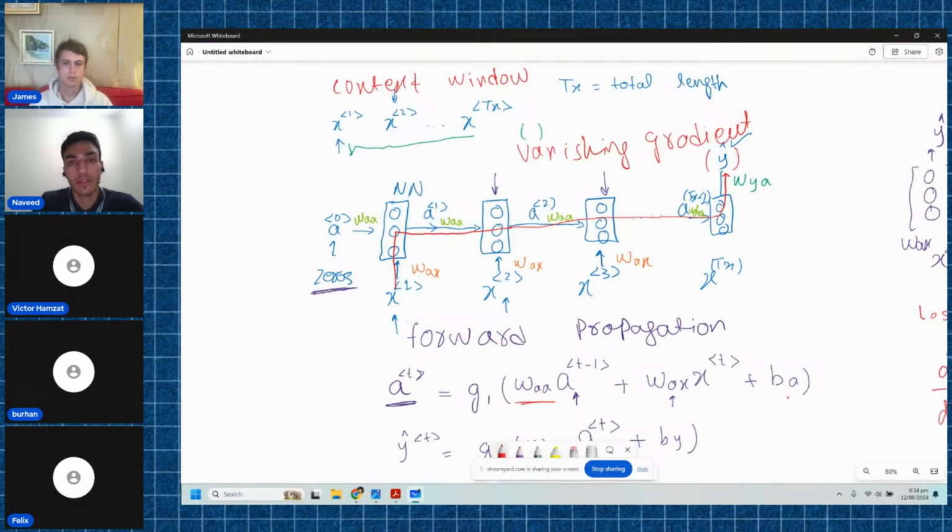Now, in order to solve that problem, different variations of this RNN architecture were proposed. One of them is called the gated recurrent unit, GRUs, which is somewhat recent. It was published, I think, in 2014 or 15. But there's a more robust variant of it called the LSTM, or long short-term memory cells.